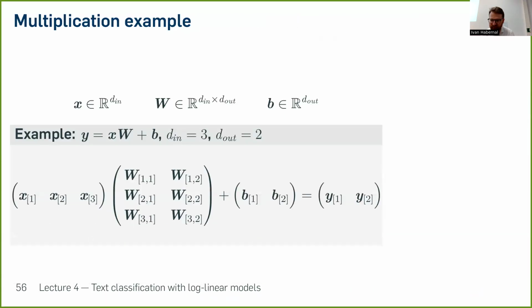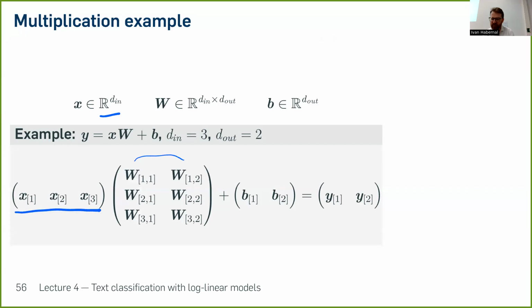So this is an example. We're using row vectors. Not like in physics, we're using row vectors. And this is d in dimensionality, so then the matrix is d in times d out. Basically the number of columns will be the output dimension, and here I have to match.